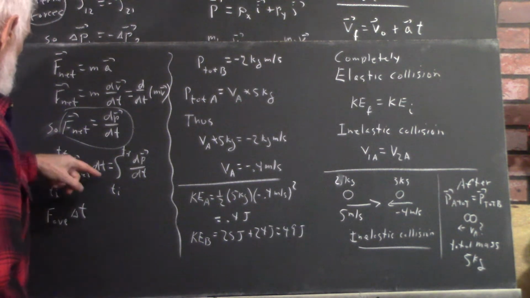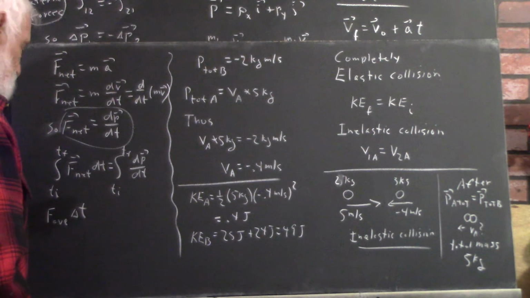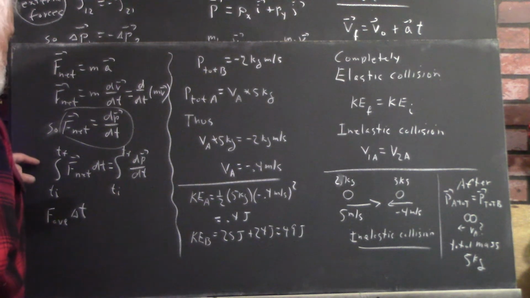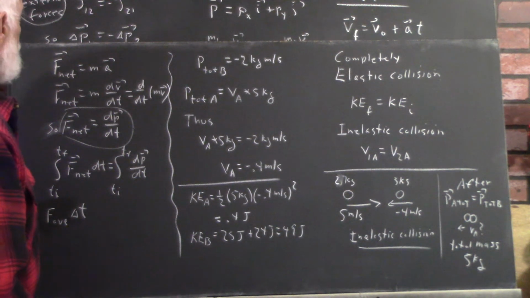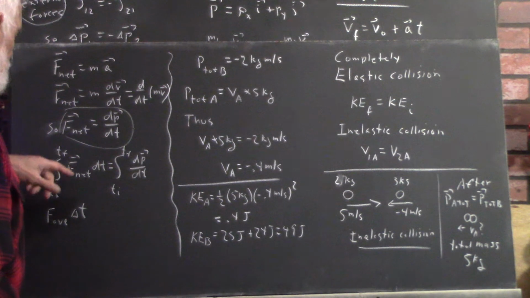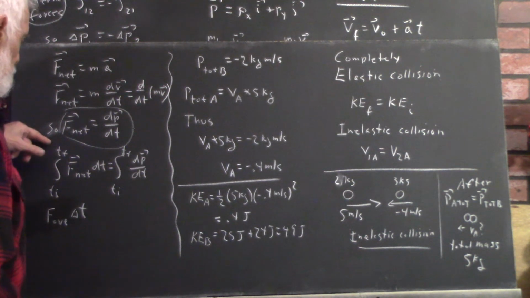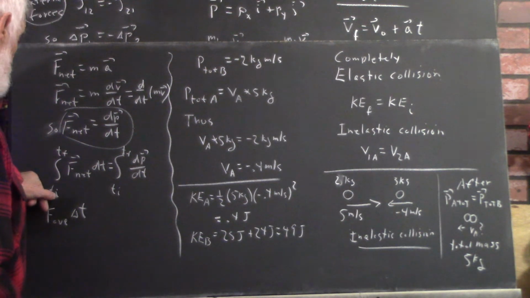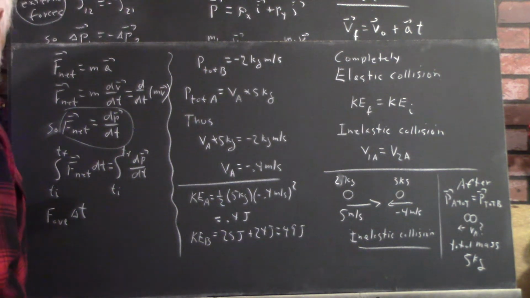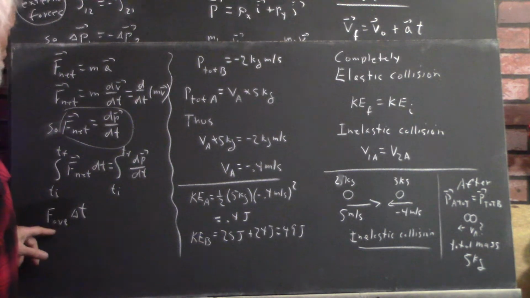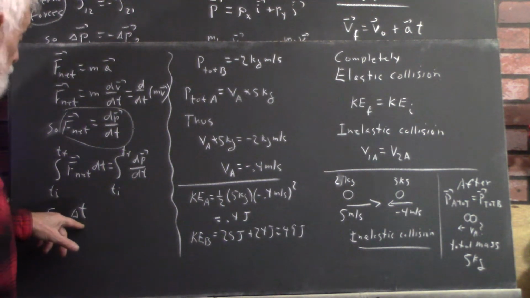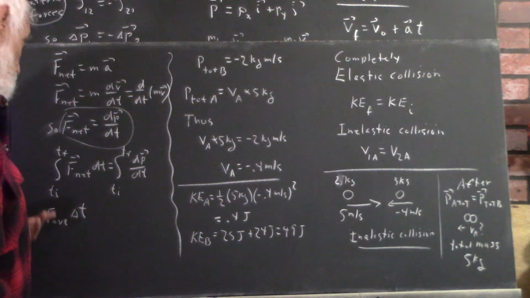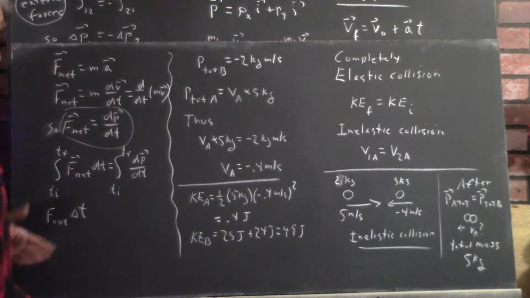The average value of F net is this integral divided by the time interval, the delta t, which is your tf minus ti. So if you multiply F average times your tf minus ti, your delta t, you get the integral. Okay? So it's one way of looking at the integral.